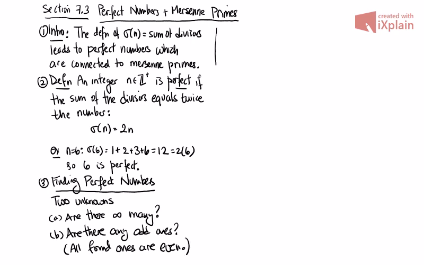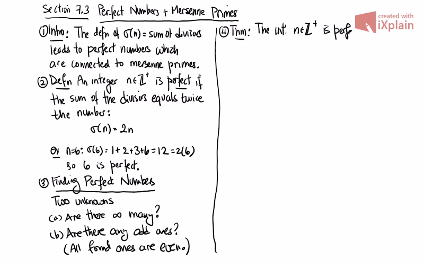So the first fact that we have is sort of interesting. It makes a connection between perfect numbers, or what it means to be perfect, and a certain form of those numbers. So first is this theorem. It says that the integer n, positive integer, in Z plus, is perfect if and only if it has a certain form.